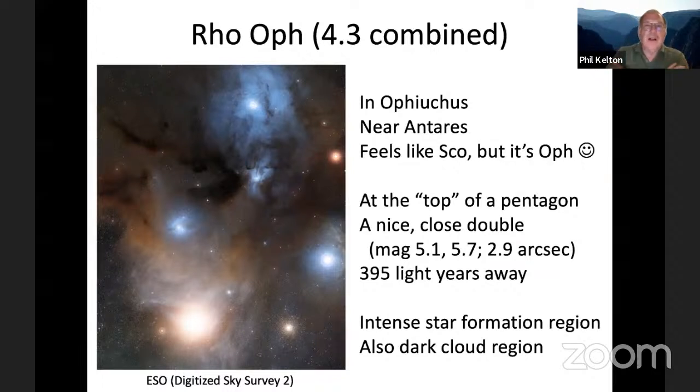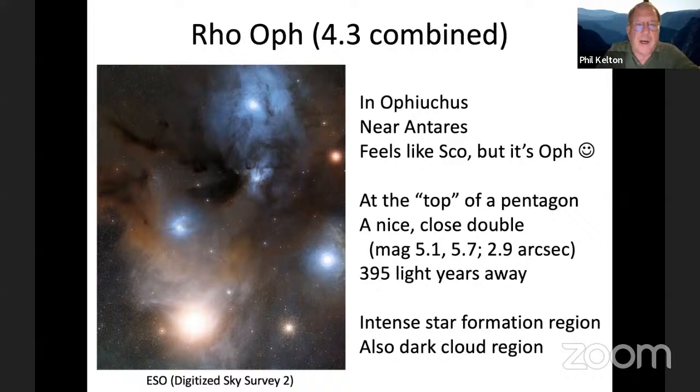The next star, which is also visible to the naked eye, is Rho Ophiuchi, or rho Oph, as I call it. It's very near Antares. On the left is an illustration; in the lower left is Antares, and the upper part is where rho Ophiuchi is located.